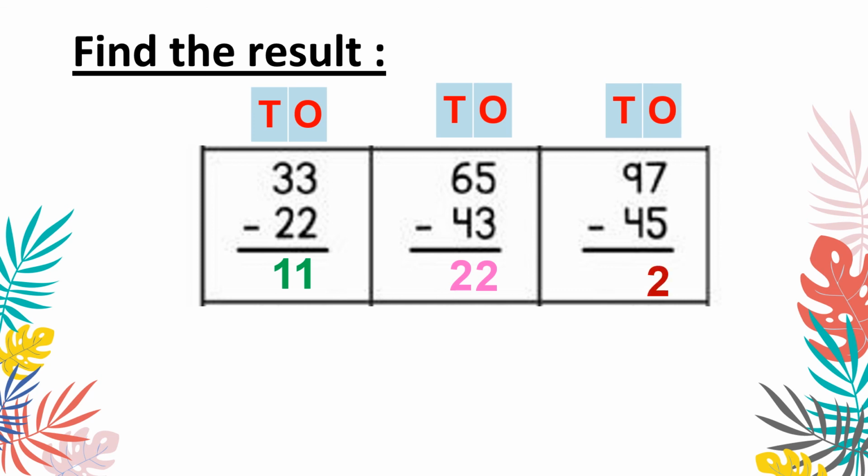Okay, in tens place, we have here 9 minus 4. Let's count after 4 to stop at 9. After 4, 5, 6, 7, 8, 9. Stop. How many fingers do you have? 5. So the difference is 52.